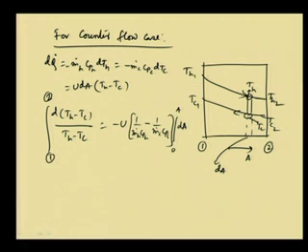Okay. So, then we will get an expression ln of (Th2 minus Tc2) by (Th1 minus Tc1), and that will be equal to minus U into A. Okay.